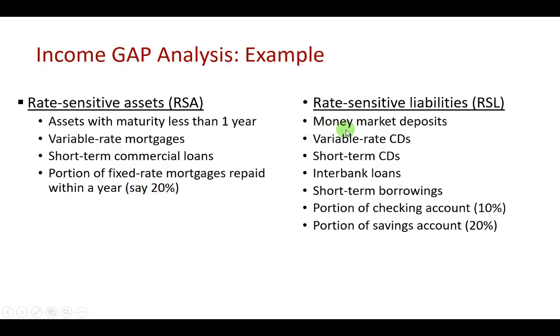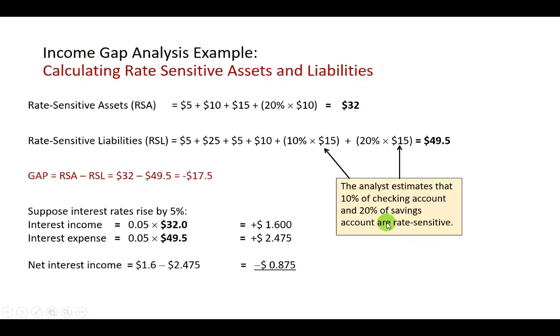And on the other side of the balance sheet, the rate sensitive liabilities will include all of these items. For checking and savings accounts, they have determined that only a portion of them, as shown here, will be accounted for in the calculation. So pulling all the numbers together, the rate sensitive assets come out to be $32 million, if these are in millions, and the rate sensitive liabilities, adjusting for the portions with respect to checking and savings accounts, come out to be 49.5 million.